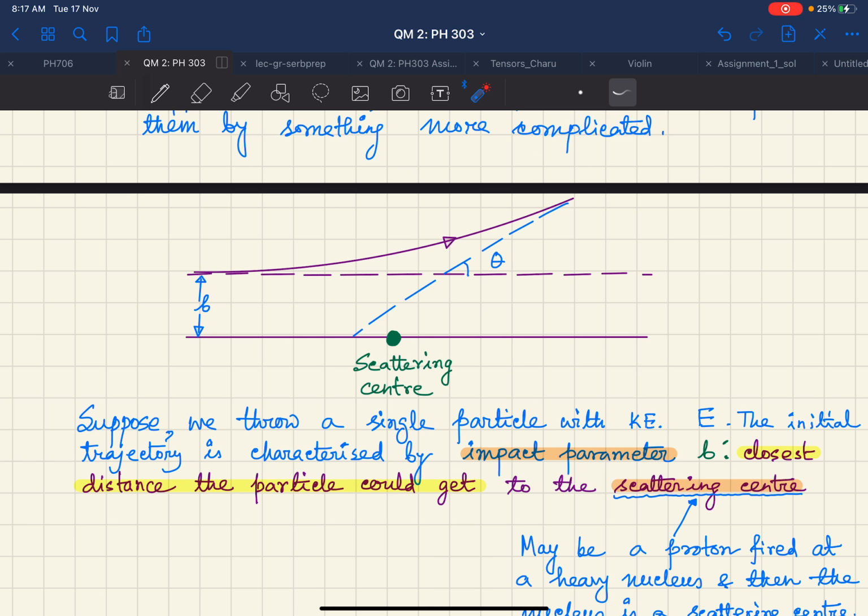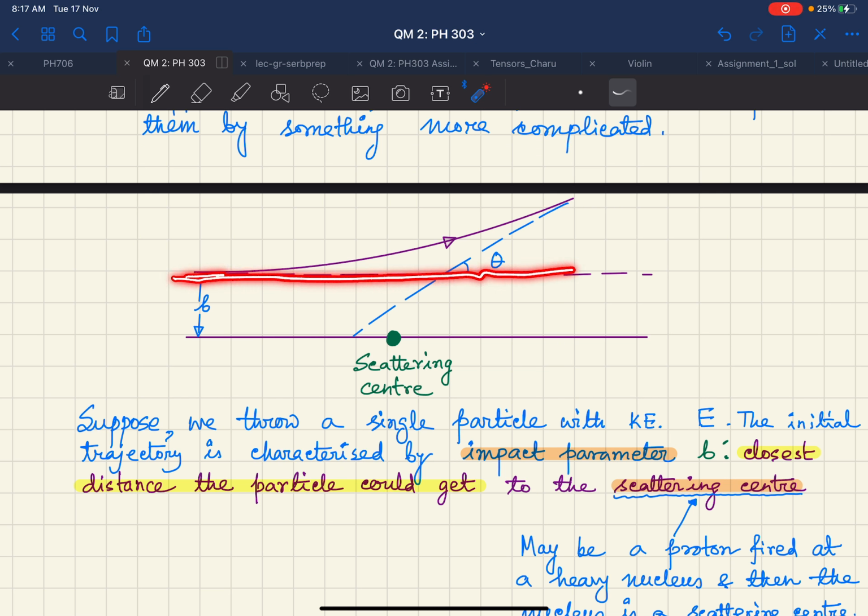What is an impact parameter? An impact parameter is basically the distance of closest approach the particle could get to the scattering center. So it is a distance which I have shown here in this figure.